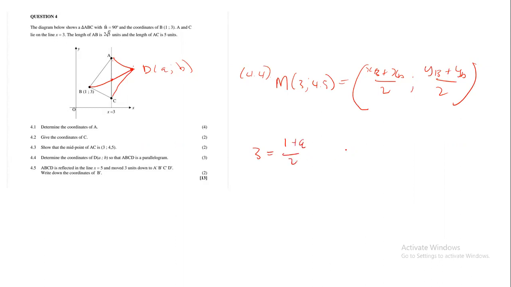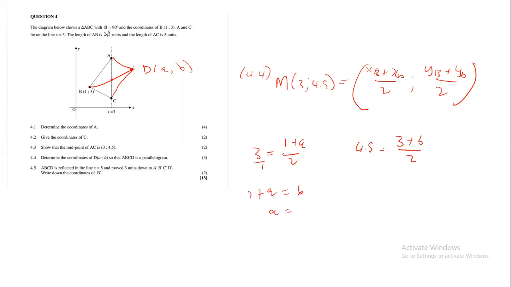And therefore, I equate the y's to y's. So that means I have 4,5 is equals to y of b, in this case positive 3, plus y of d, which is what I'm looking for, which is b, I substitute b there, divide by 2. Let's start with this side. Therefore, we cross multiply. 3 multiplied by 2 most definitely is going to be 6, which is equal to 1 plus a.